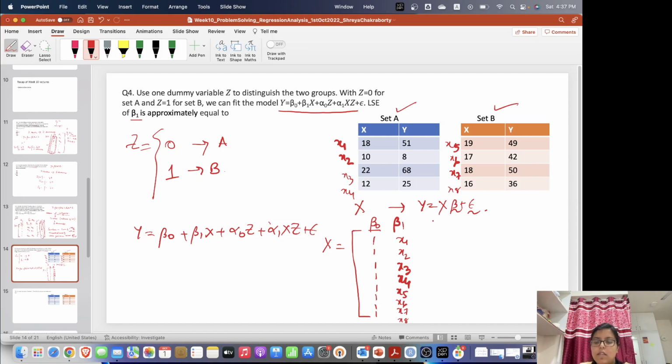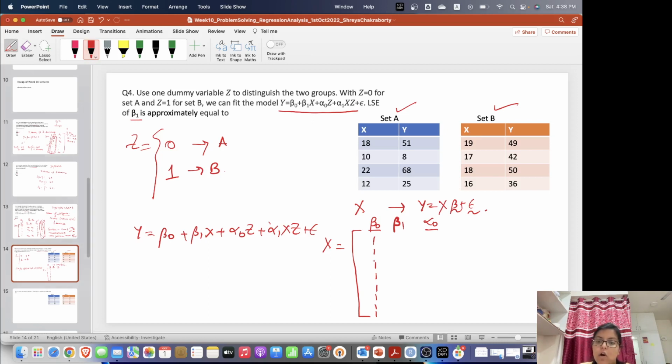Then we have the column corresponding to alpha naught, so alpha naught z. Now z equals 0 when we are taking observations from set A. I'll write the actual figures, that will be more effective. So I'll repeat.